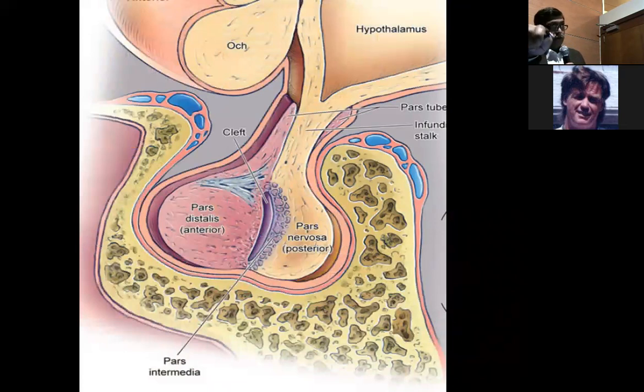The anterior pituitary, the posterior pituitary, and the pouch, which is here inside between the anterior and the posterior pituitary.